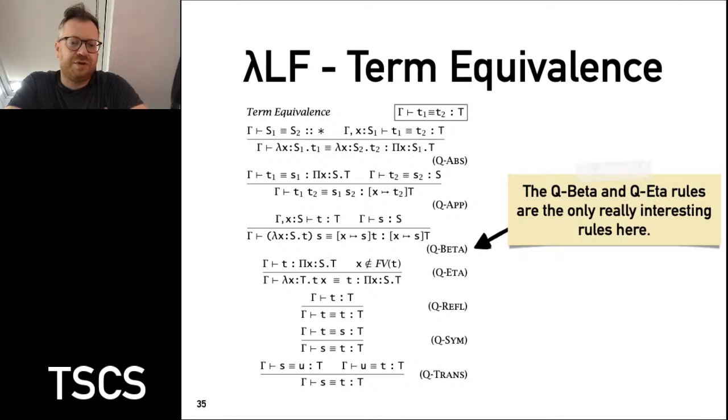We don't know that. The other premise is that x is not in the free variables of t. This means that we actually have an arrow type and nothing more complex than that. Then we can consider t typed as that pi type as eta equivalent. So this leads us to the type equality.